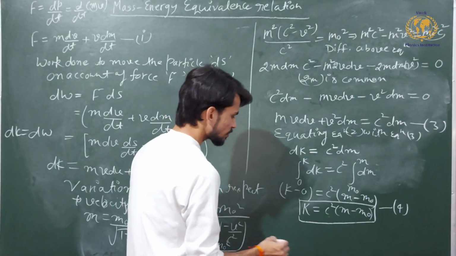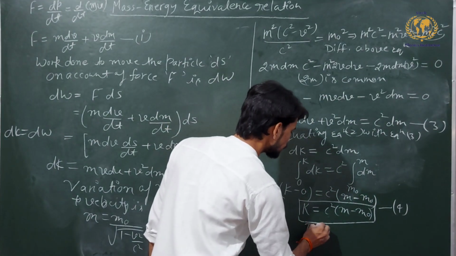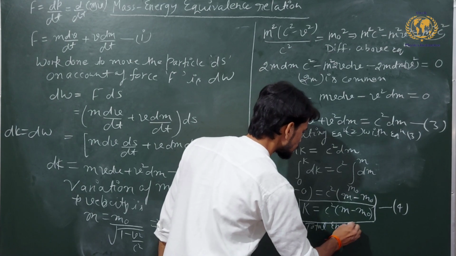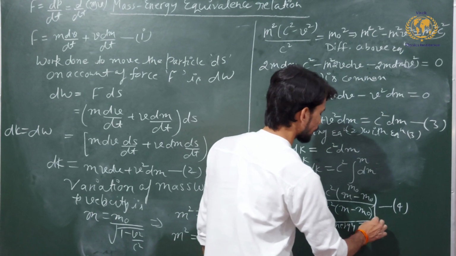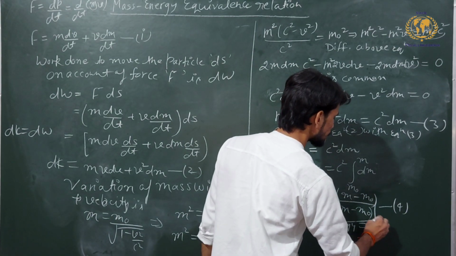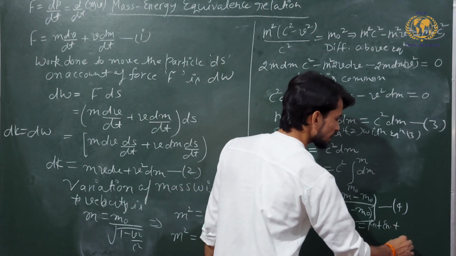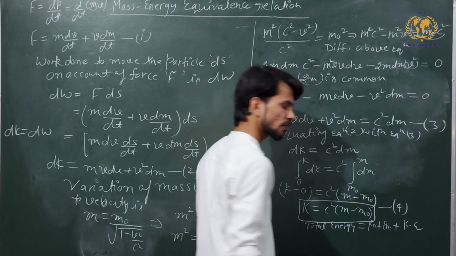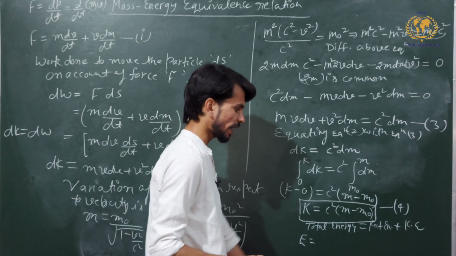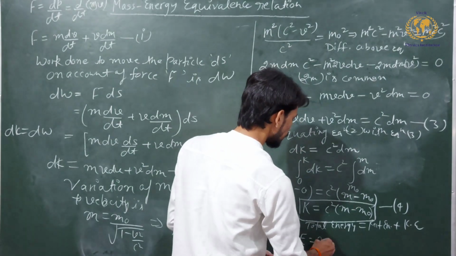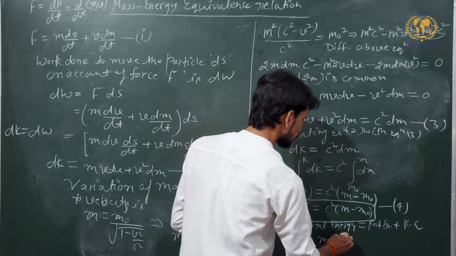Okay, as we know, the total energy of the particle is simply the rest energy plus kinetic energy. So total energy, let's say, is E, and that rest energy, as we know, is m naught c square.